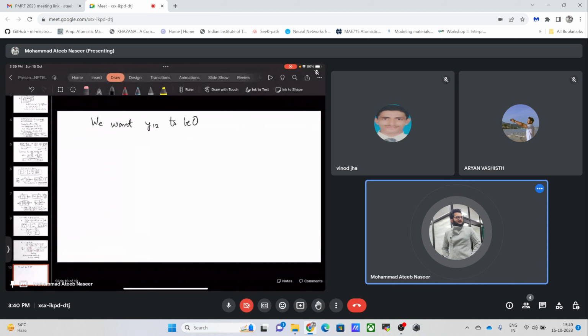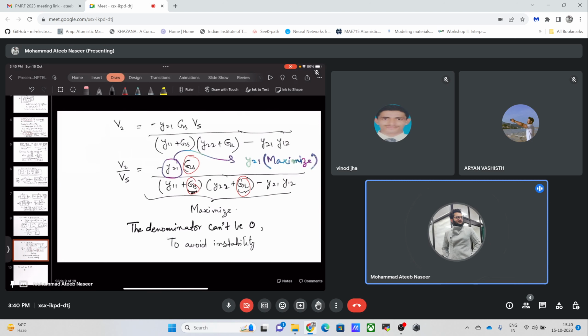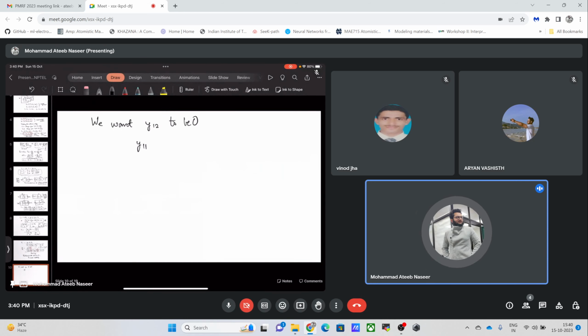One simple reason is that. Similarly, we want y11 and y22 to also be equal to 0 because we do not want the drops in these networks. Okay, we want y11 and y22 to be equal to 0.